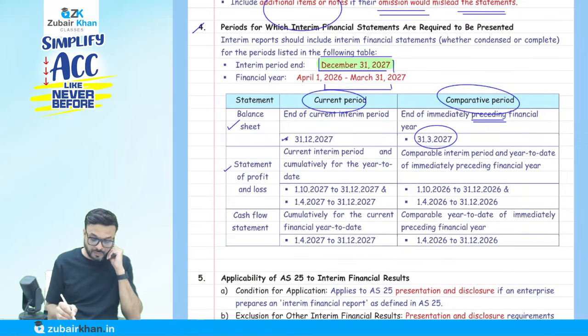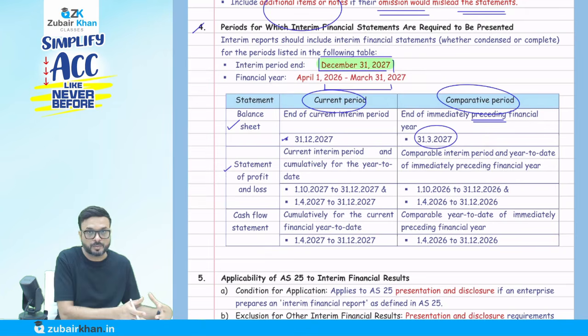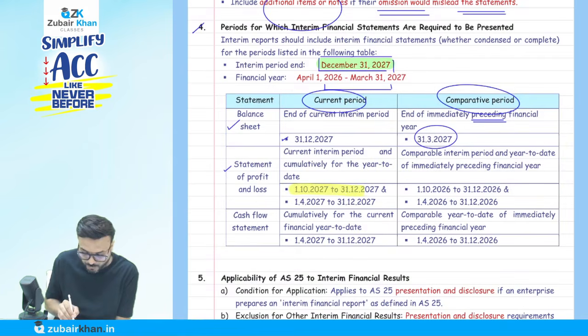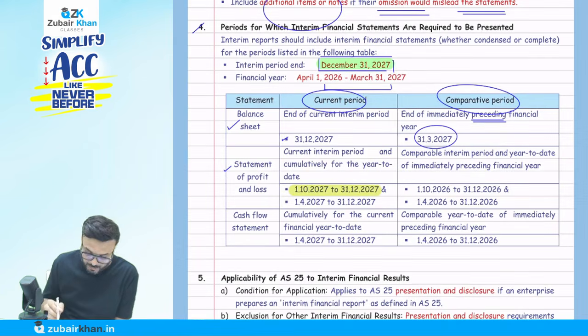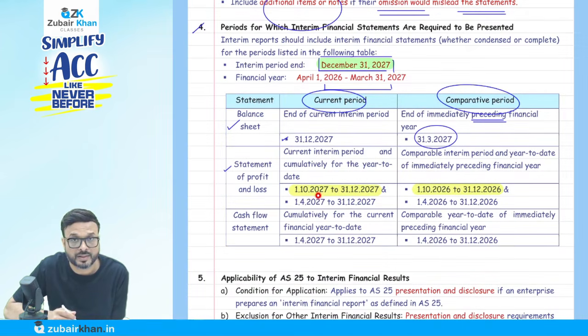When it comes to the profit and loss account, we are to prepare for the quarter. The quarter starts 1st of October to 31st of December. So we are going to prepare here for 1st of October 27 to 31st of December 27, and for the purpose of comparison, 1st of October 26 to 31st of December 26.